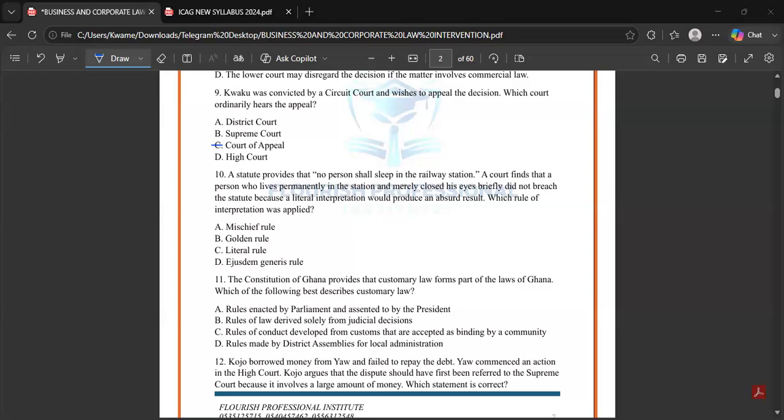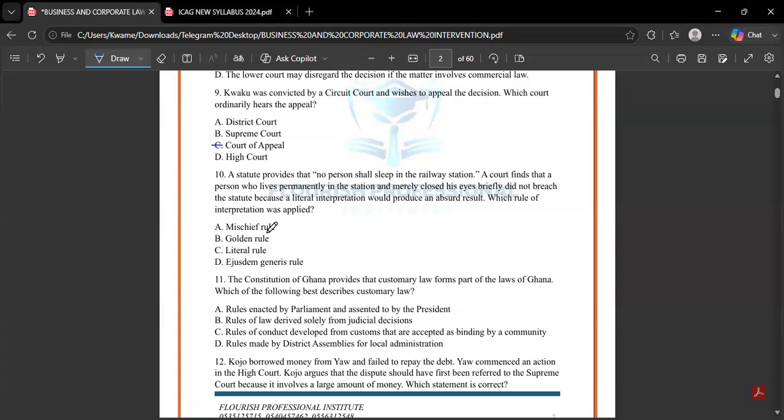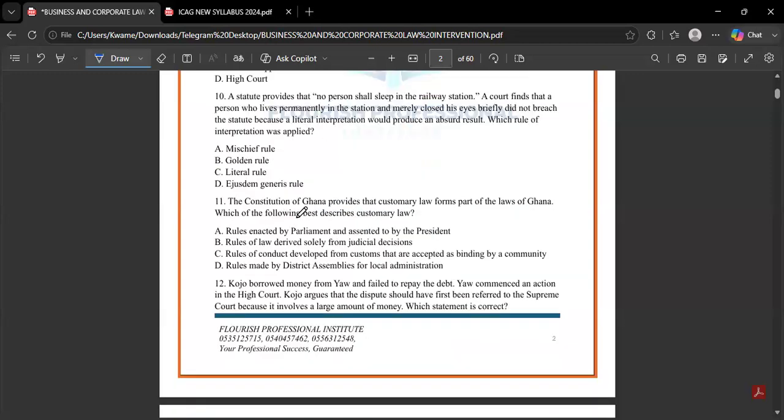Even when you send it to the High Court, they may refer you to Court of Appeal, or depending on the situation, they may handle it. Do you get me? Yes, please. So they will now determine whether they will handle it or refer you. But ordinarily, it is the Court of Appeal that should handle that one.